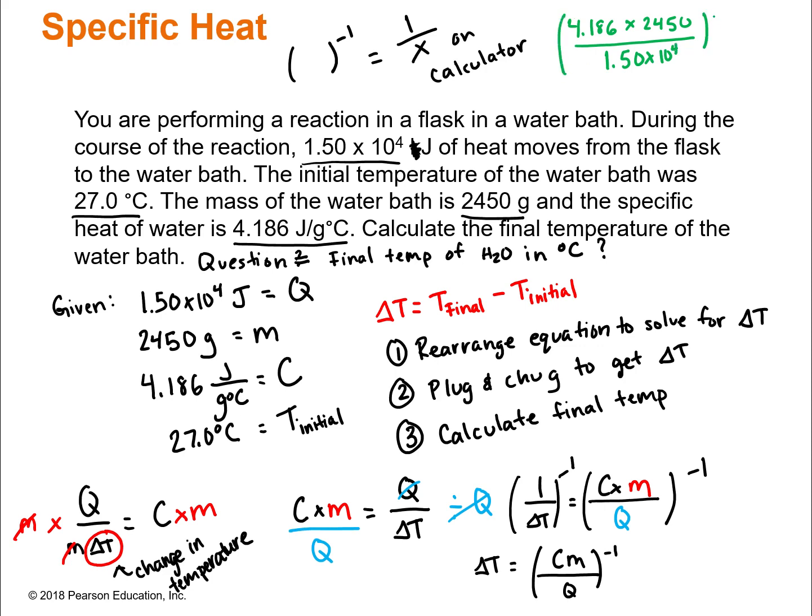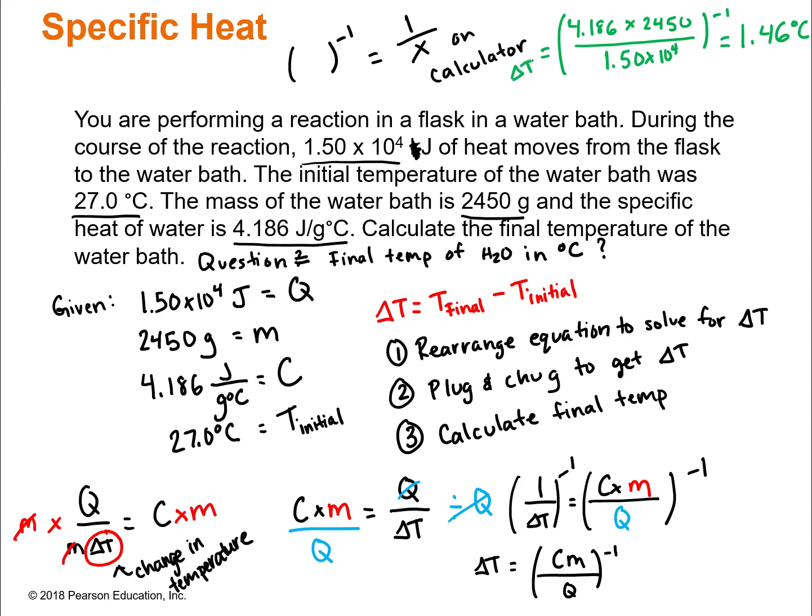Then you do that inverse button. And that will give you about 1.46. But this is our delta T.